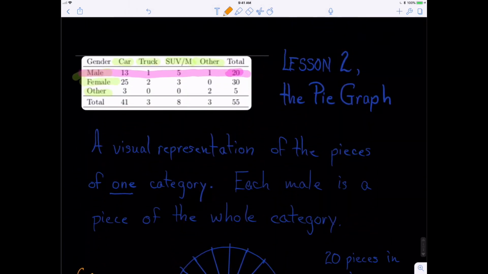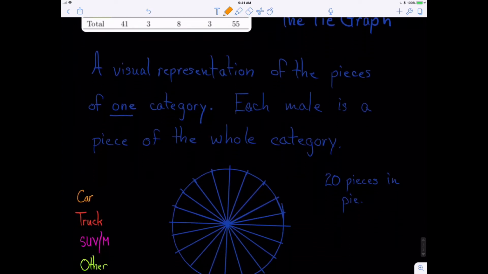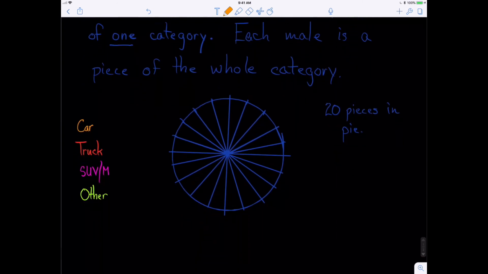What it says is, if we look at our picture, we have 13 males that drive a car. So I'm going to come back down to my picture, and it doesn't matter where I start, but I need to color 13 slices of my pie in orange.